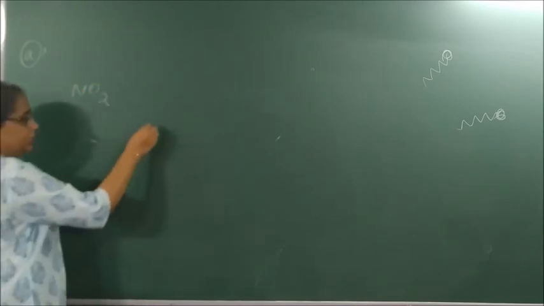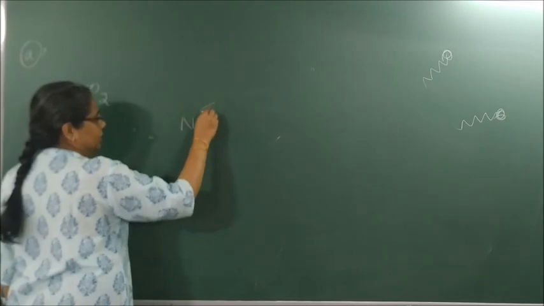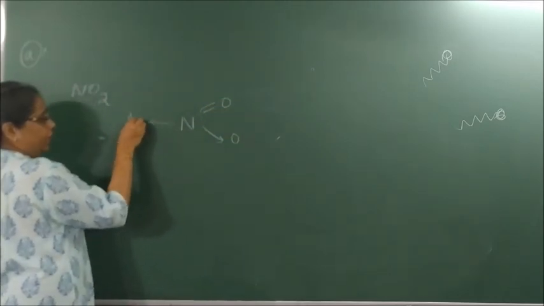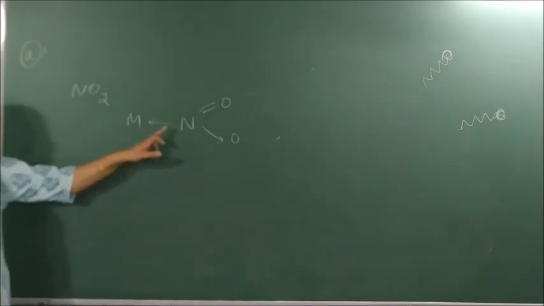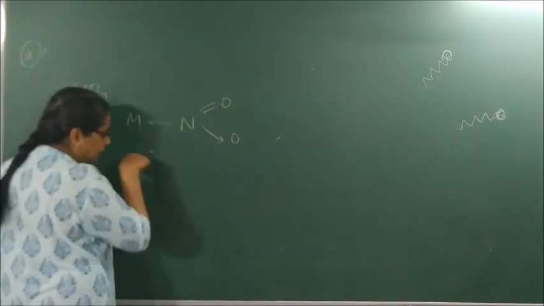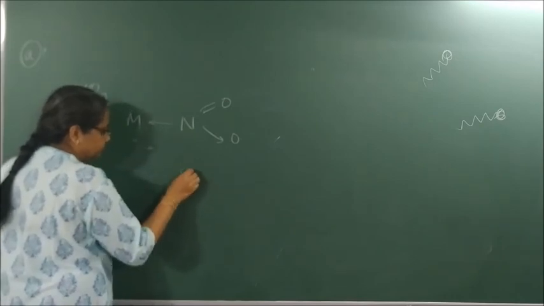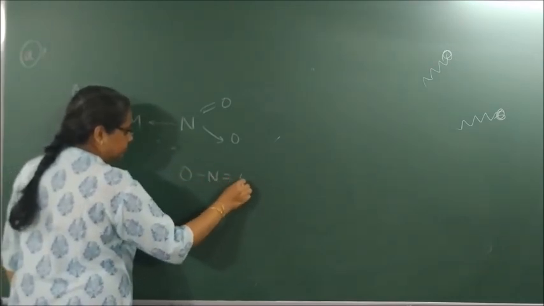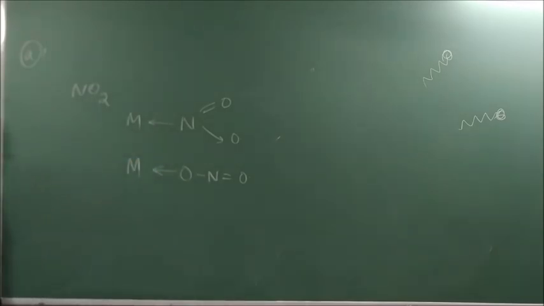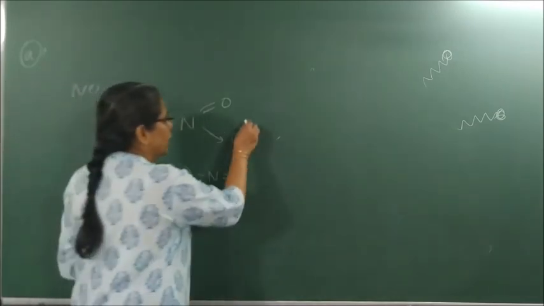So let us understand now NO2. Okay, so let us suppose I have this as the structure of NO2. So the linkage is through what? Nitrogen atom. Now I can write this differently, where the ligating atom is what? Oxygen. This is called as what?